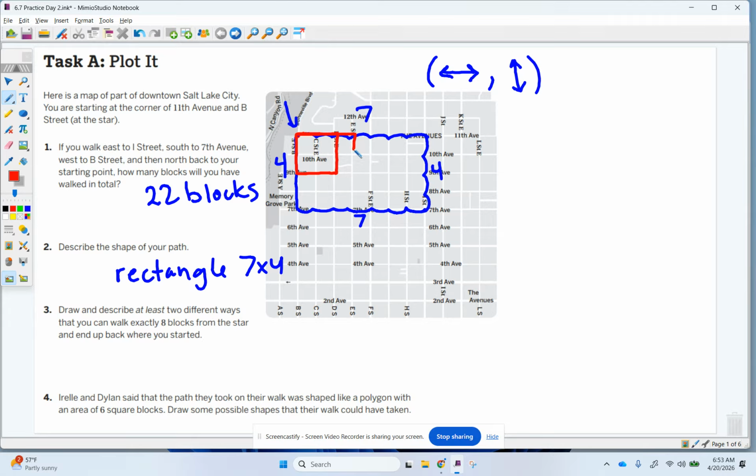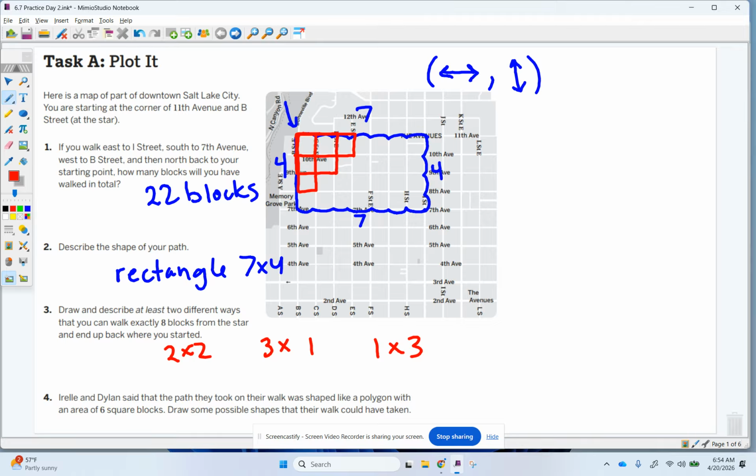Or I could walk a 3 by 1 or a 1 by 3. All of those would be blocks that I could do. And so describing those, like you're going to do a 2 by 2, which is 2 to the east, 2 to the south, 2 to the west, 2 to the north, or like a 3 by 1 or a 1 by 3. Those are all going to get me 8 as a total.